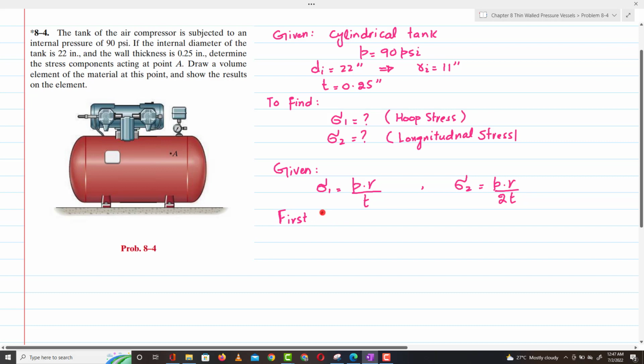To check for thin walled, the condition is that R by T should be greater than 10. So you have R as 11, so 11 divided by 0.25 should be greater than 10, and this value comes out to be 44, and 44 is greater than 10, so it means that this is a thin walled pressure vessel.